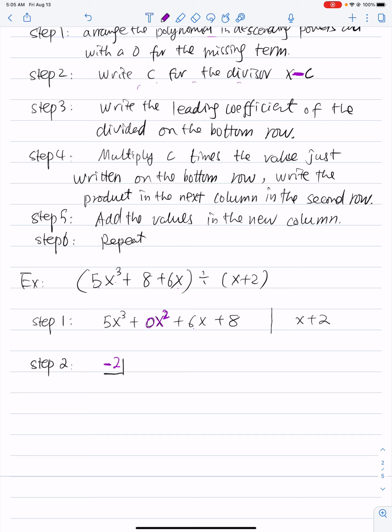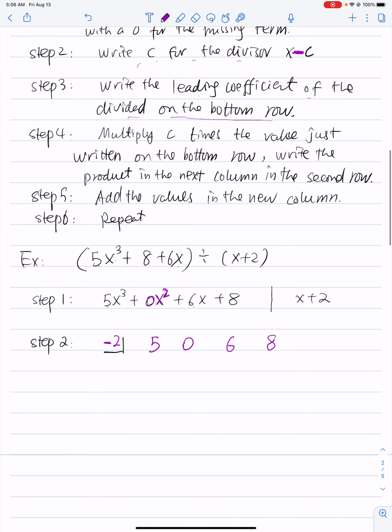And write the leading coefficient of the dividend on the bottom row. So we want to write down all the coefficients of the dividend. What do we have? 5, 0, 6, and what? 8. For the first coefficient, what will we do?